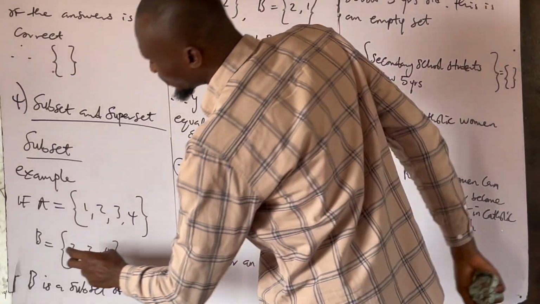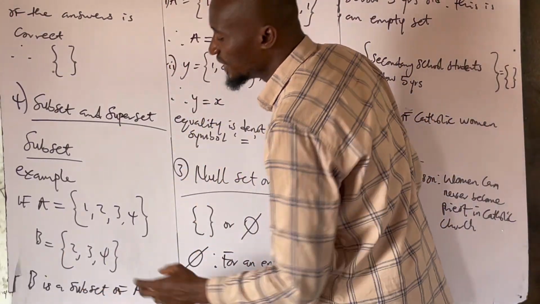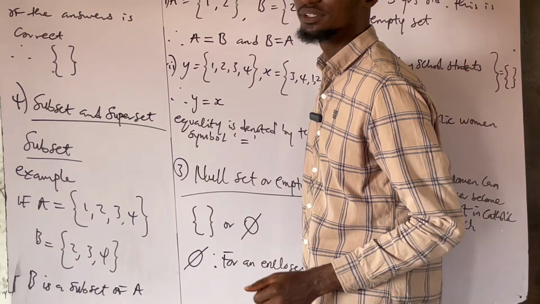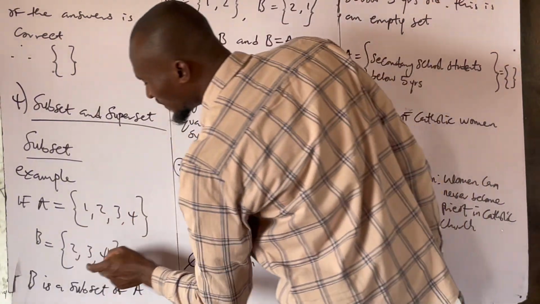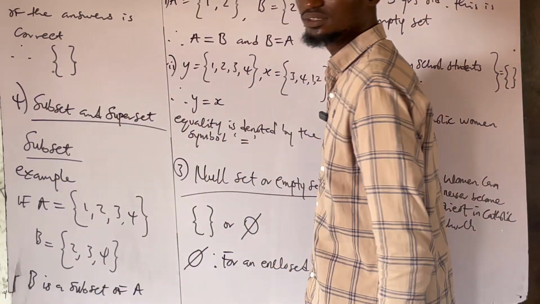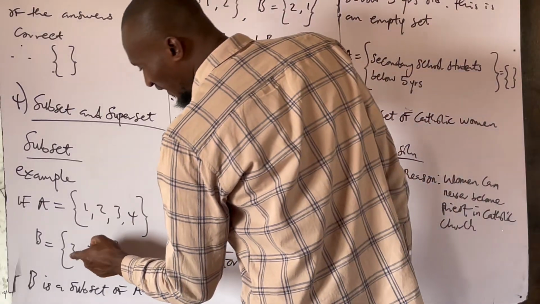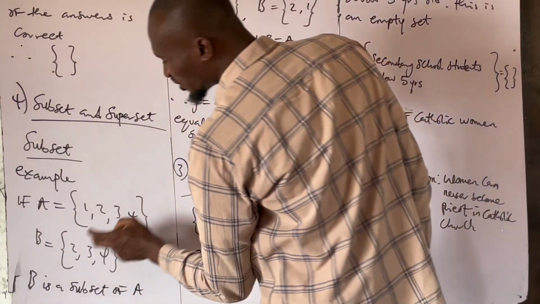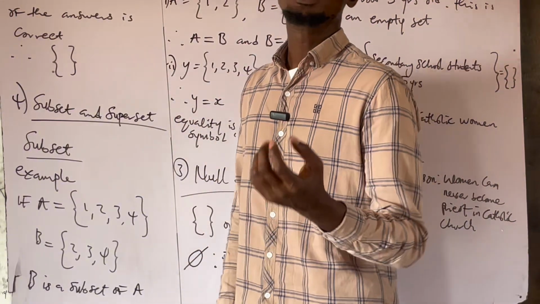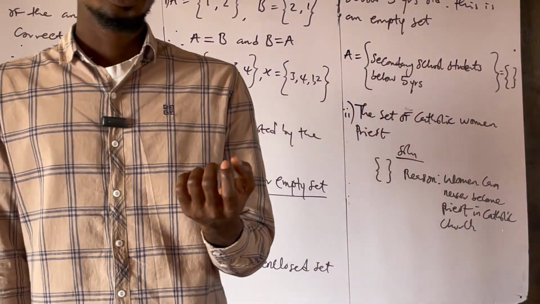B is a subset of A, meaning that we have 2, 3, 4 in B. Now in A, we have 1, 2, 3, 4. So 2, 3, 4 is found in A. I know that 1 is not in B, but 2, 3, 4 is in A. So B is a subset of A. Now let me give you a particular example.